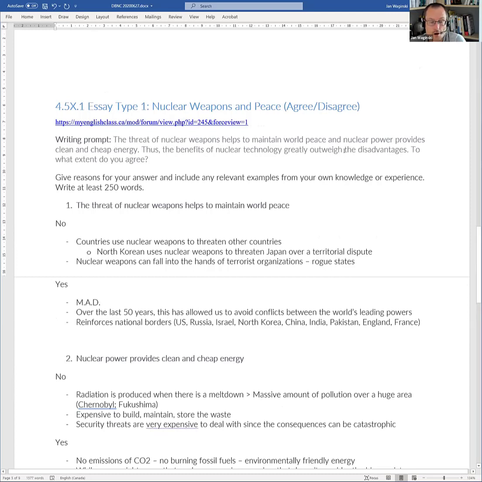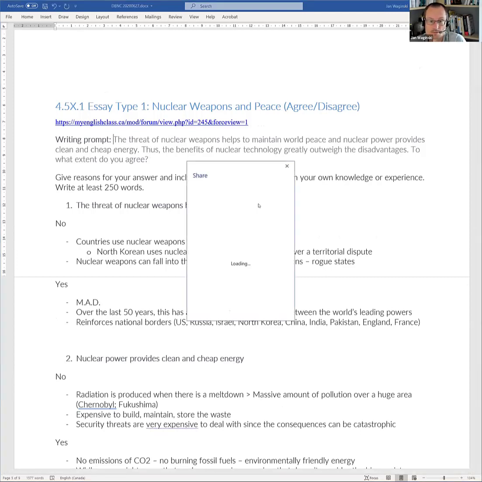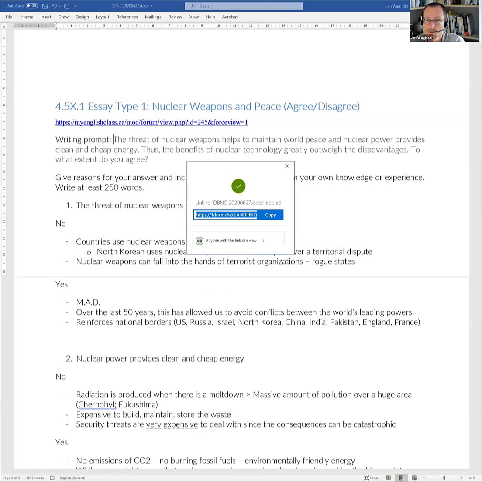Because you're arguing with this point, whether you agree or disagree. So present this as a belief. Okay, I'm just going to share this with you. Okay, so I just put that in the chat.